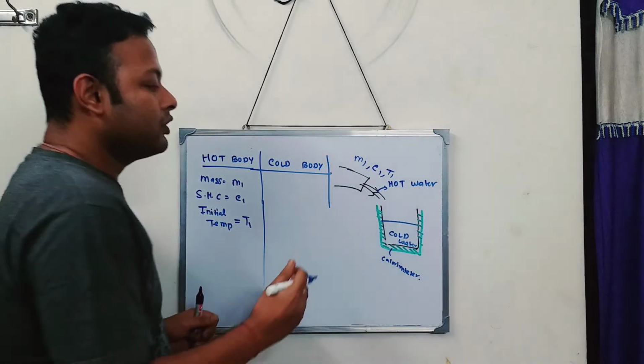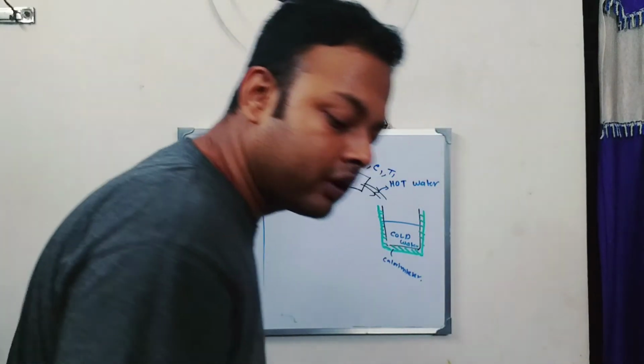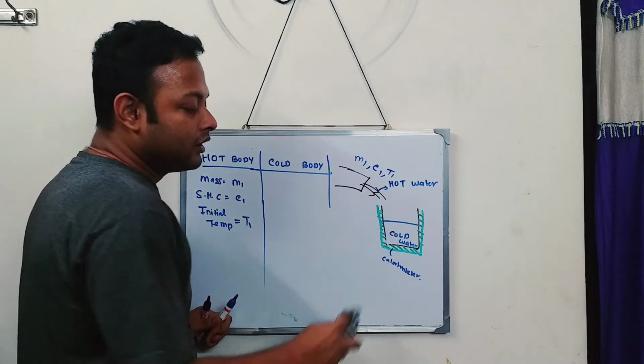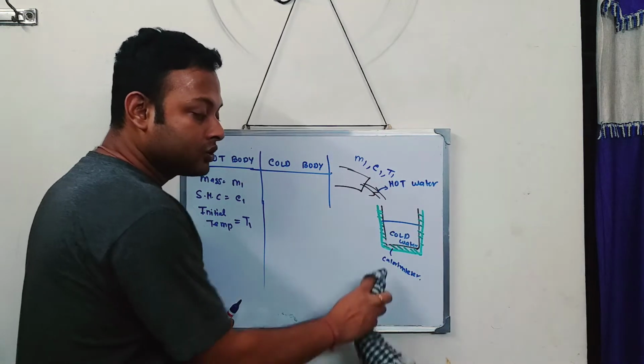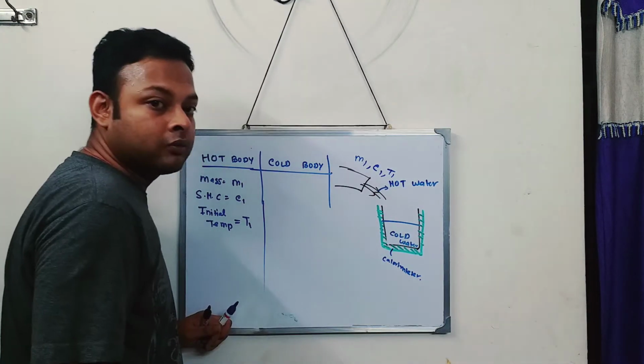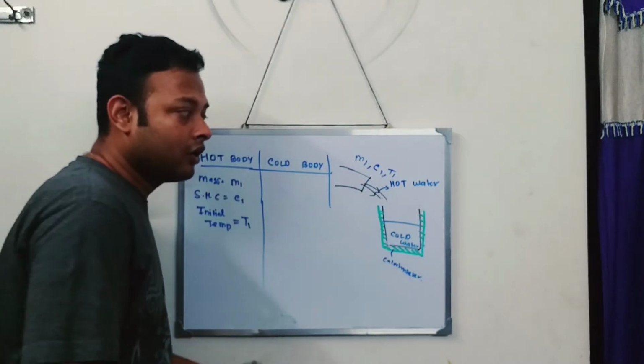Now let's talk about the cold bodies. How many cold bodies are there in this part? Think. The cold water is one cold body. Also the calorimeter is a cold body, because the calorimeter is also absorbing heat from the hot water.